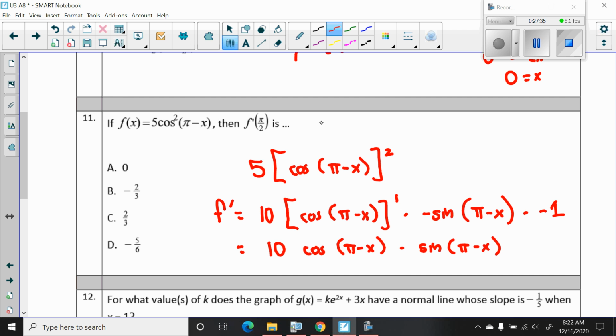So when it's all said and done, plugging in that value, we're taking away pi over 2, so we'll end up with 10 times cosine of pi over 2 times sine of pi over 2. And cosine of pi over 2 is 0. Sine of pi over 2 is 1. So the answer is 0.